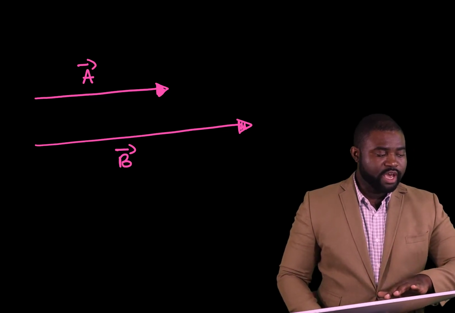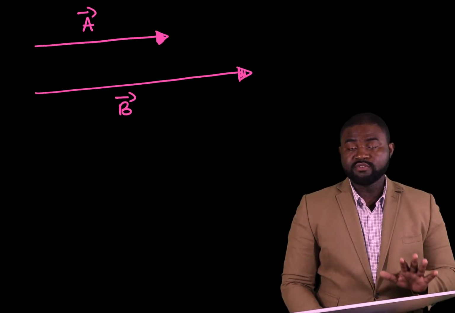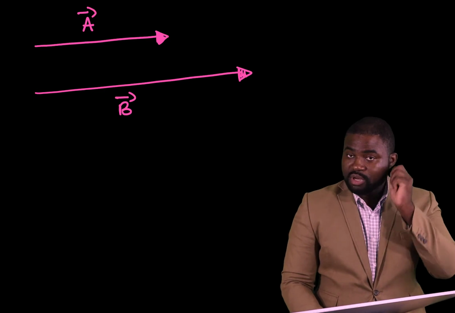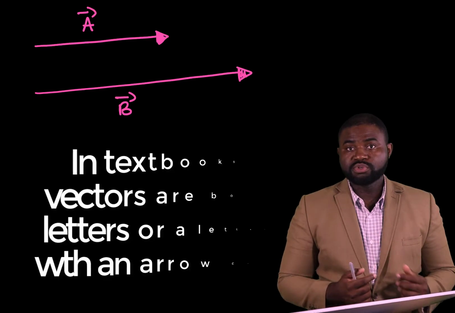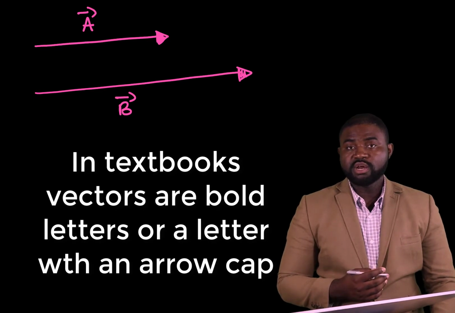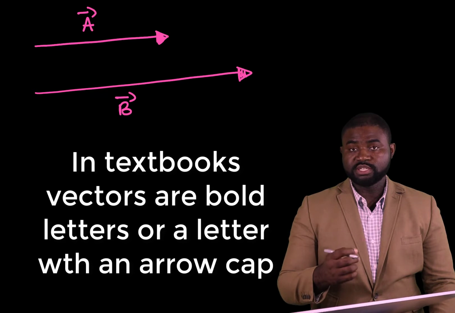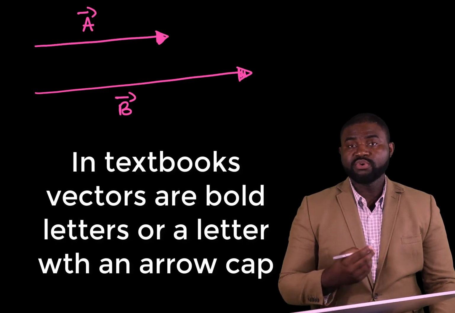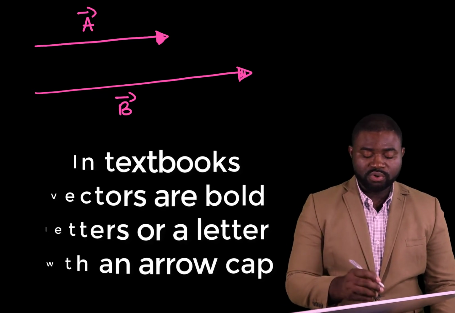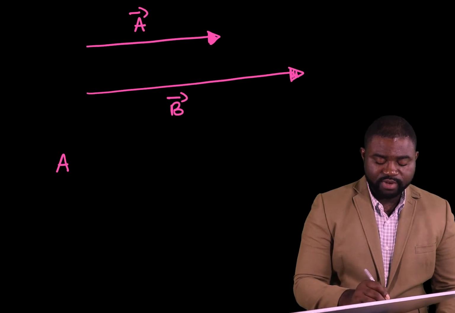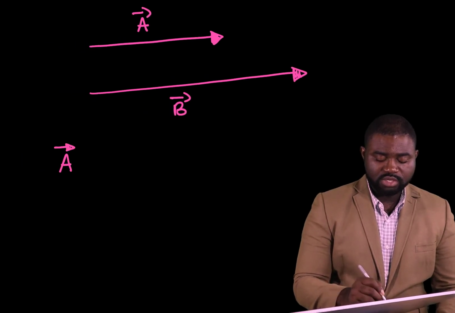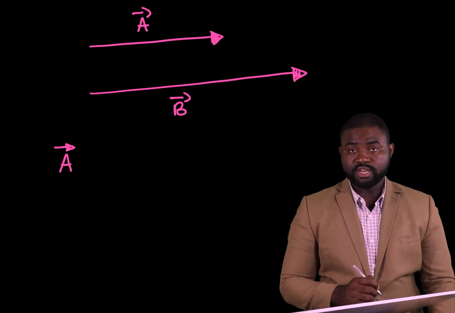Now, whenever you are writing a vector, in textbooks, vectors are bold. If you see a letter in a physics textbook that is bold, that represents a vector. But when you're writing a vector in this course, you will see me write a vector and add a small arrow on top of the letter.